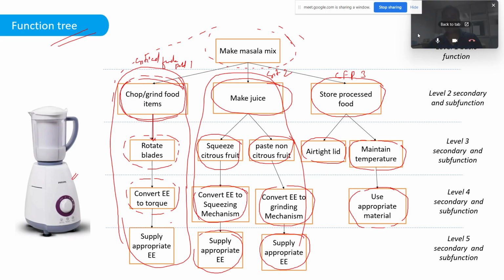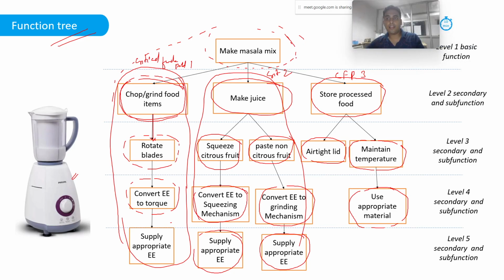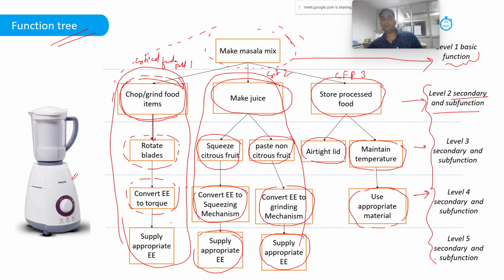So at level 1 we have the basic functionalities. Then at other levels, like level 2 and level 3, we break down the basic functionalities into secondary functionalities, which may have multiple levels of decomposition. Got it?